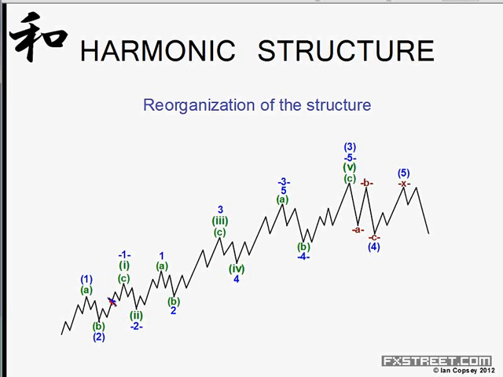And that is, if you get a shallow wave 2, you'll get a deep wave 4. If you get a deep wave 2, you'll get a shallow wave 4. What's more, you will find that the sum of the ratios of wave 2 and wave 4 will center around 100%.